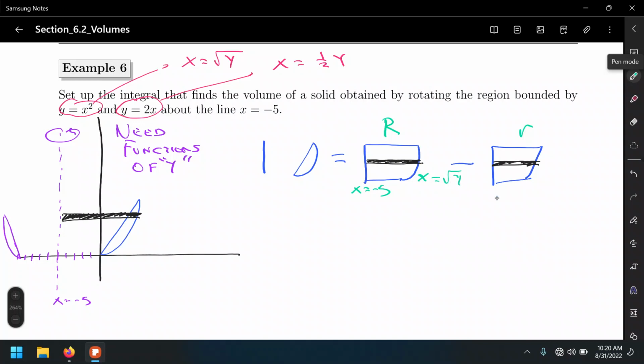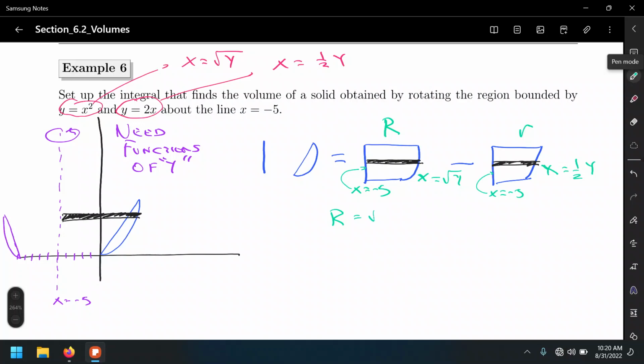While over here, this is the line x equals -5, and this is x equals 1/2 y. All right? So in this case, we set up the integral using functions of y, where big R will be rightmost minus leftmost for the first region, and rightmost minus leftmost for the second region.